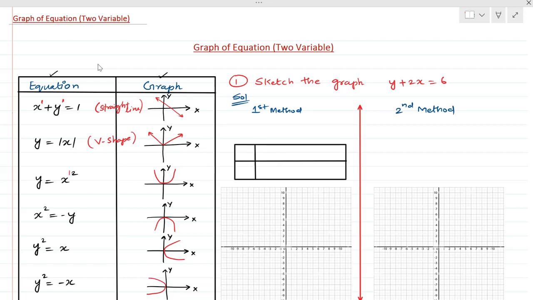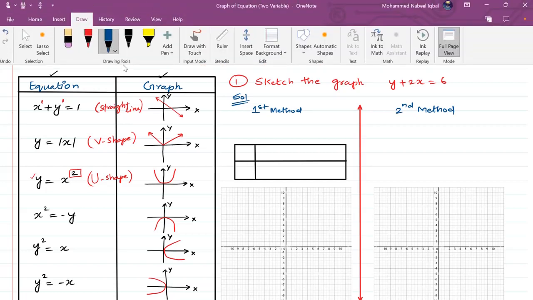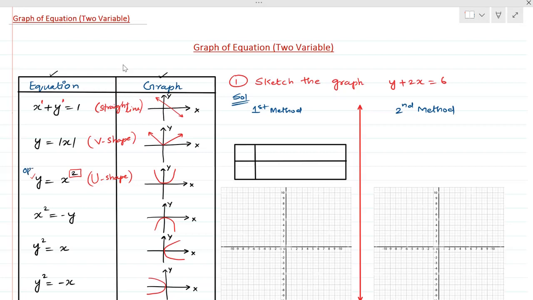When you have x to the power 2, you will have a U-shape. This is a parabola, a U-shaped curve. Similarly, if y is positive, the parabola opens upward. When y is negative, it opens downward.